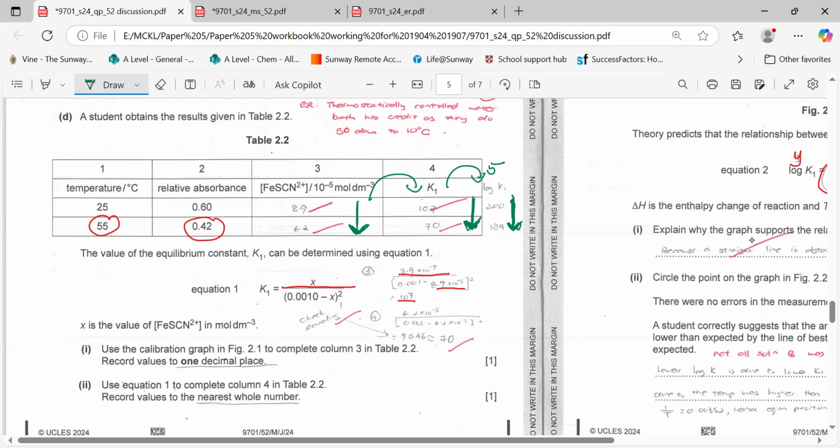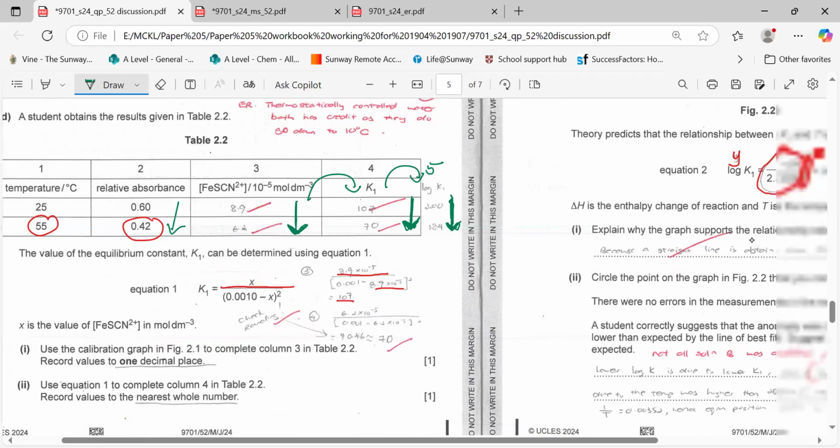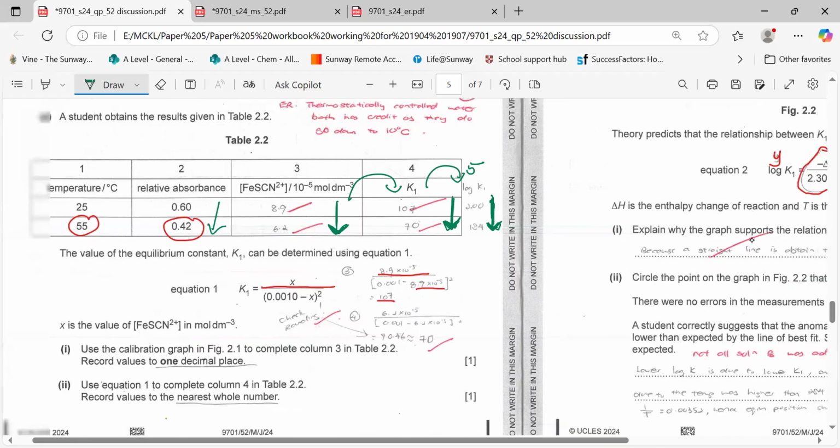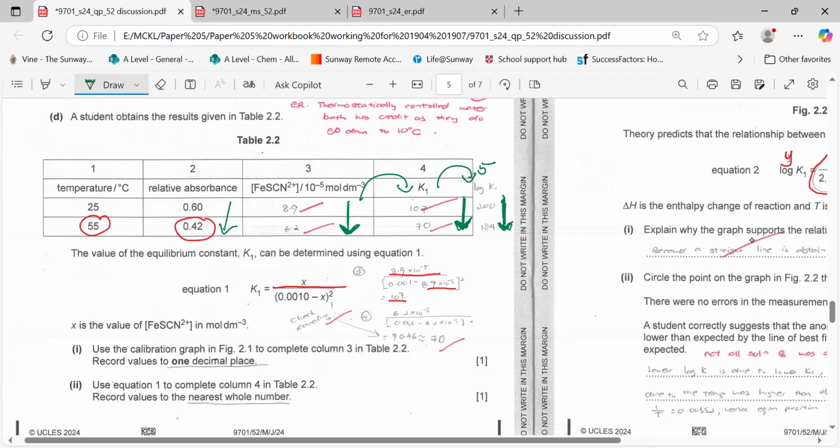For me, I backtrack log K1 to concentration, and the concentration was obtained due to your absorbance here, isn't it? Correct? It's because you asked me to read 0.42 from the first graph, then only I got the 6.2 out, correct or not? So now the question is why the absorbance was lower than expected. That means you shouldn't get 0.42. You perhaps should be getting around 0.52, but now you're getting a lower absorbance than expected. That causes disaster to occur.